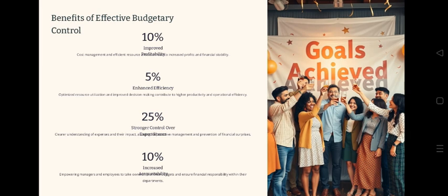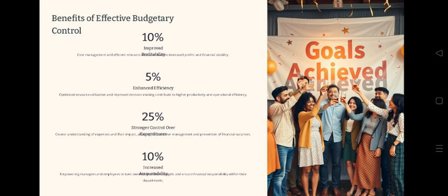25% strong control over expenditures. So a clearer understanding of expenses and their impact on our economic development and our management. So it prevents 25% of every government, country or firm's losses or expenses. 10% increased accountability.